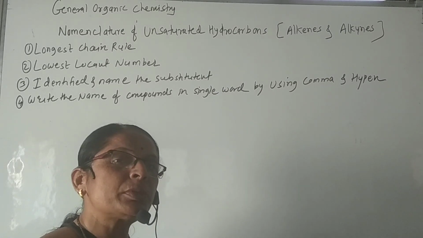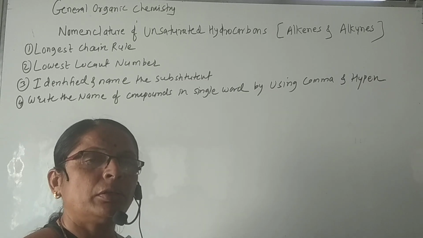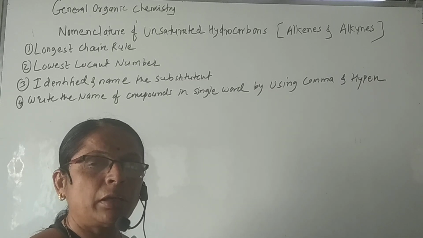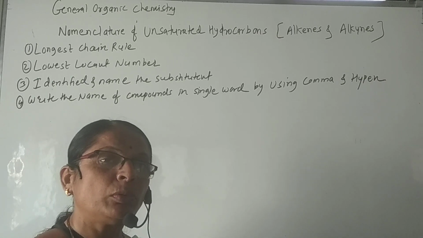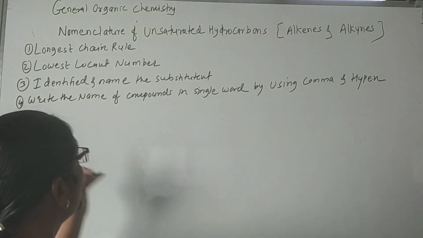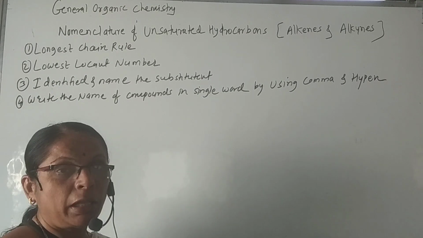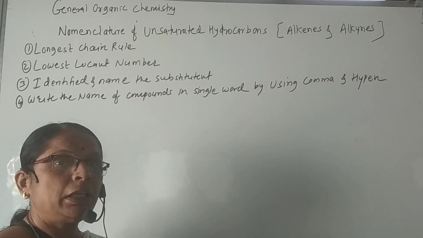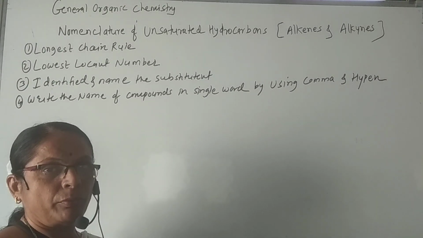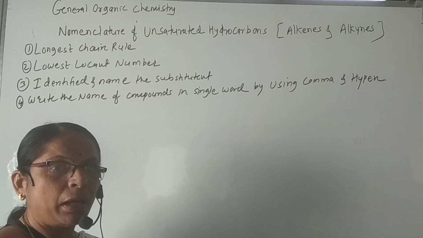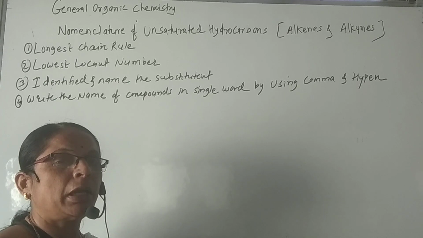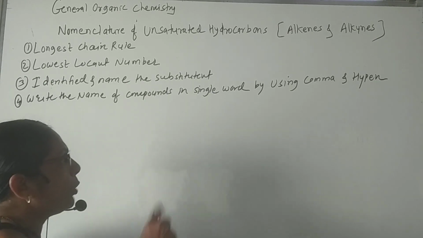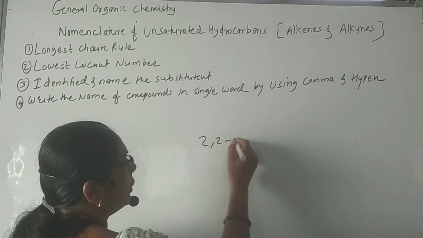If the alkyl groups are different, then we identify them and arrange them in alphabetical order. And the last one: we write the name of the alkane in a single word, using a comma in between two numbers. Suppose we have 2,2-dimethyl, then we use 2,2 between the numbers.